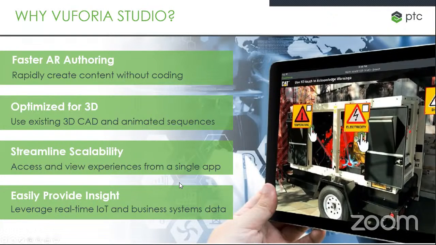And similarly, all your experiences, be it for any device or any OS, can be viewed through this single app called Vuforia View. Then you can also integrate the physical device, which is sensorized, through an IoT platform, so that through your augmented reality experience, you are also able to see the business systems data. For example, in this picture, you see the temperature and the electricity details of this genset.